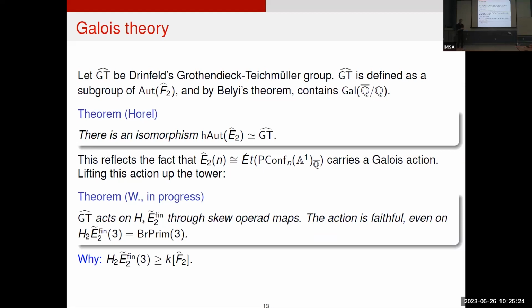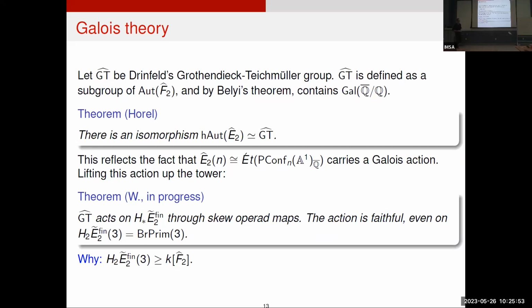It's no longer an operad action, and the reason is that the Galois group acts on the braid group, so it acts on part of the data of what it means to be an operad. If you incorporate that, then everything sort of works out. At the moment I'm calling this a skew operad map, and maybe it's not a great name.